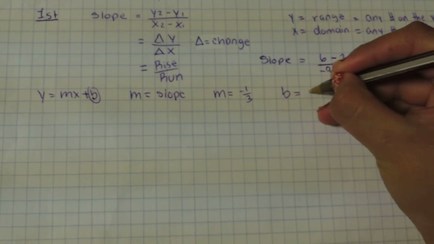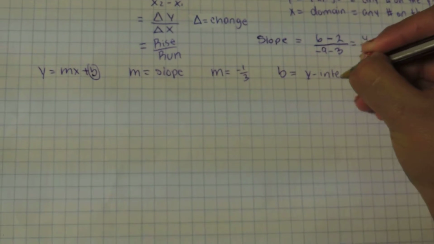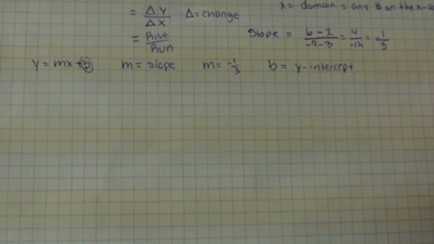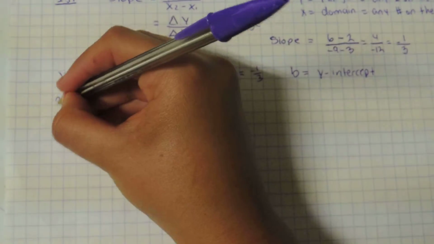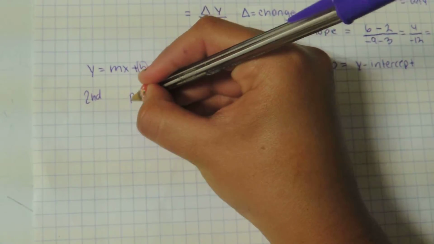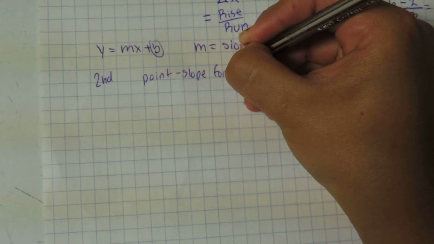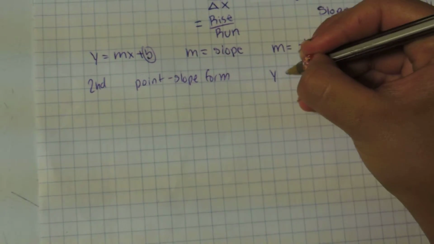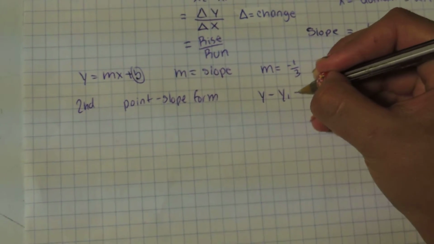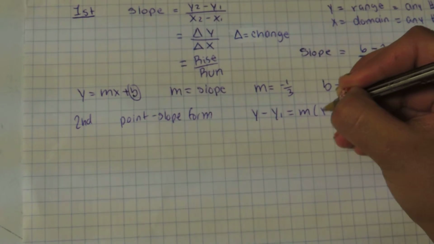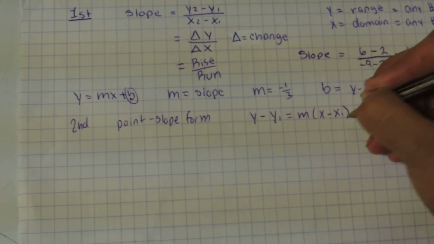b equals the y-intercept. The only way we could find the y-intercept is by using point-slope form, which is y minus y1 equals m times x minus x1.